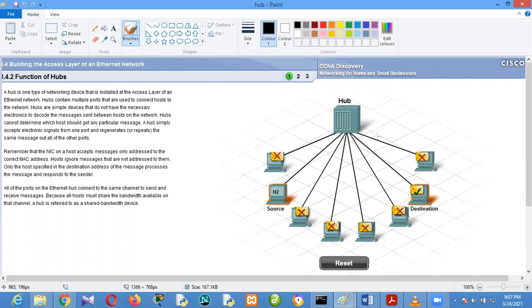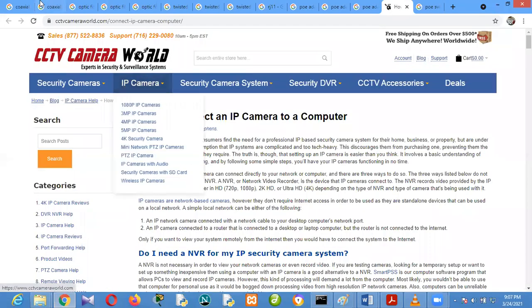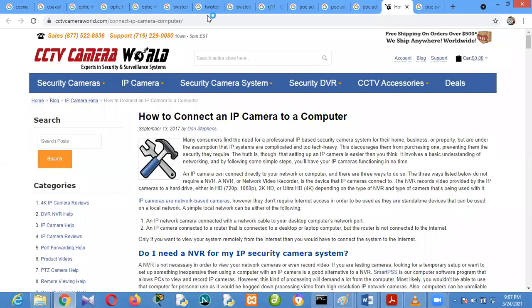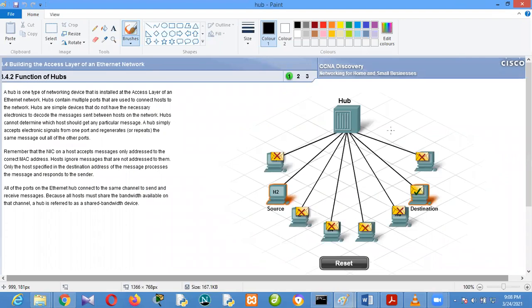And you even see the reason why hub is no more in the market, is outdated, and it's a waste of money and a waste of time even to use hub. I've already shown you the image of hub once on the internet. It looks like a switch, only that the way it functions differs.